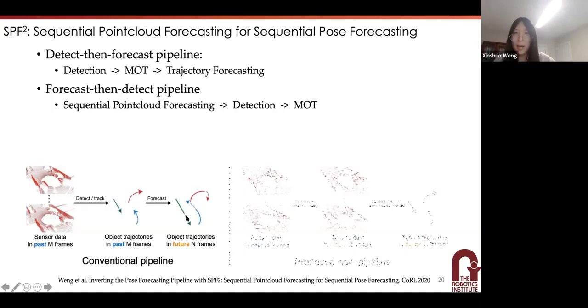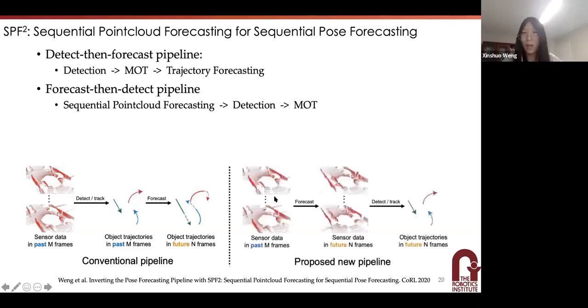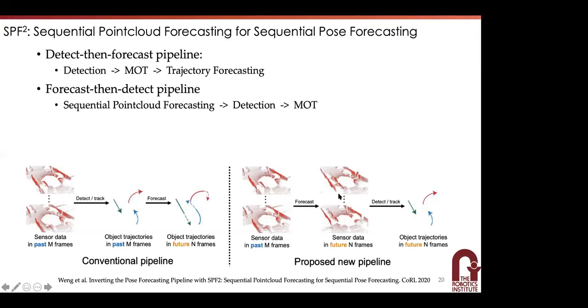So here we do the forecasting at the beginning, right? But what do we have at the beginning? We only have the sensor data, right? So that could be LiDAR point cloud or video data, like I said before. With this LiDAR data, what we can do here is forecast point cloud, right? That's the only thing we can do because we only have point cloud here, right? So that will give you point clouds of the future frames.